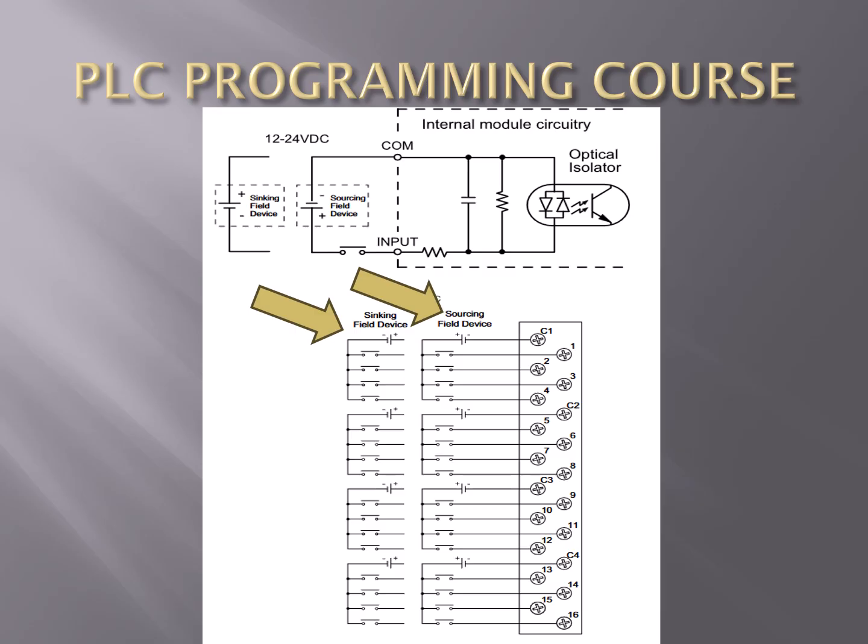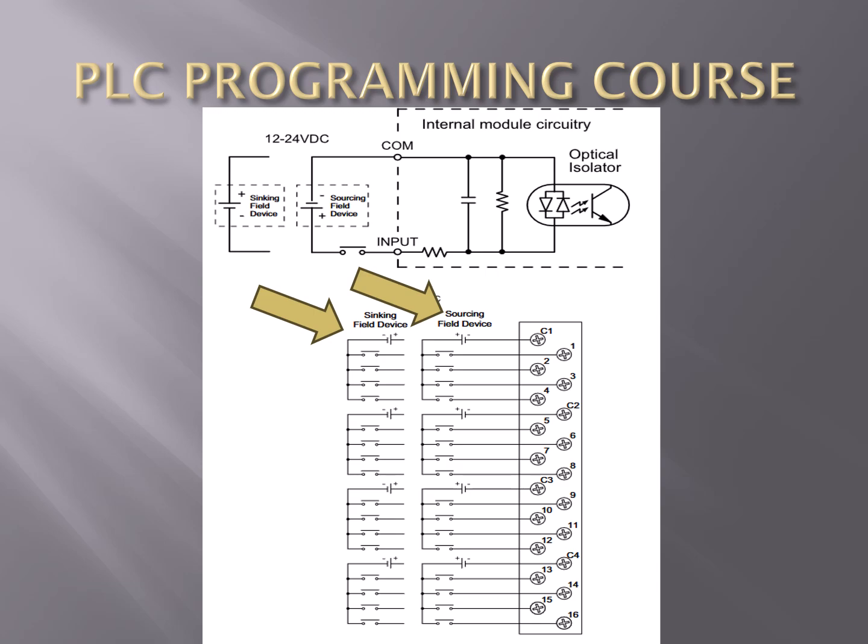The negative of the power supply is connected to C1, C2, C3, and C4, because each of the segments of inputs could be wired differently. The common is connected to the 0 volts, so therefore this is a module that's requiring a sourced voltage, a switched 24 plus voltage into the input to make the input go on.